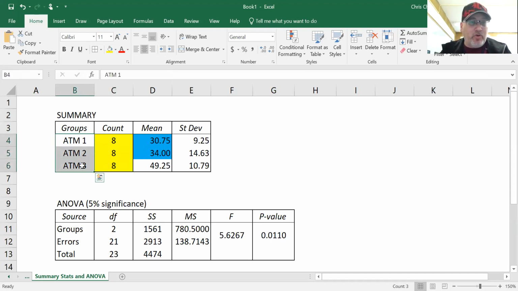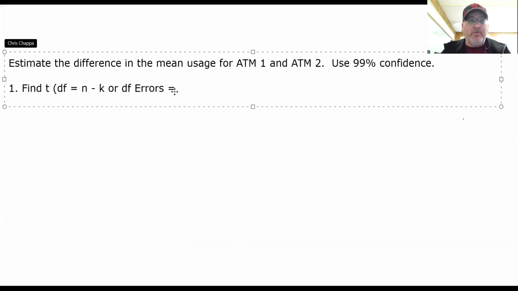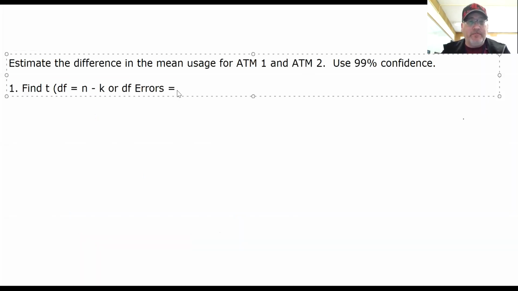And K is the number of groups. There are 3 groups. So 24 minus 3 is 21. Or you could just look in DF errors right there. So no matter how you slice it, the degrees of freedom is still going to be 21, as it was in the previous video. Sorry, I'm having sharing issues here. There we go. All right, so our degrees of freedom is going to be 21, just like it was before.